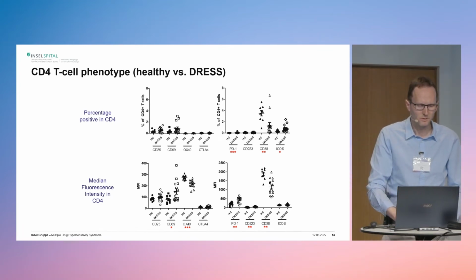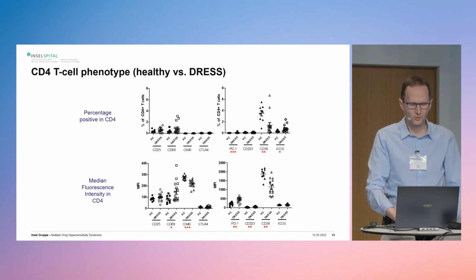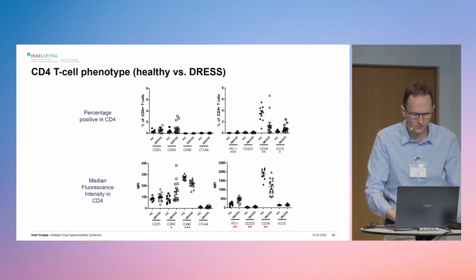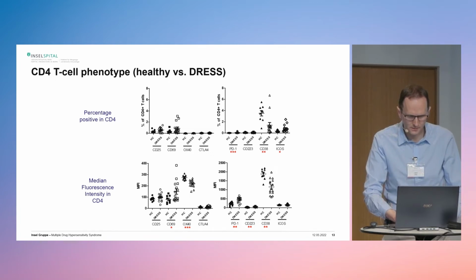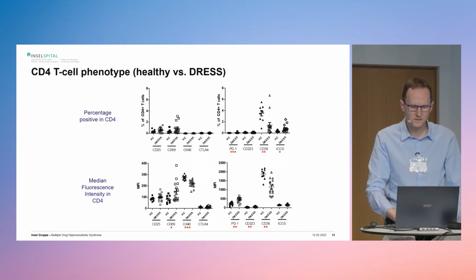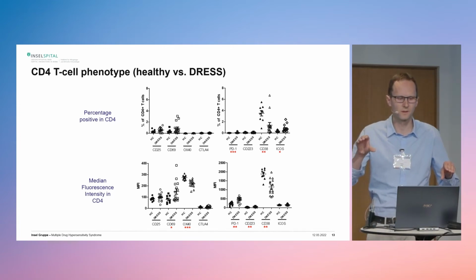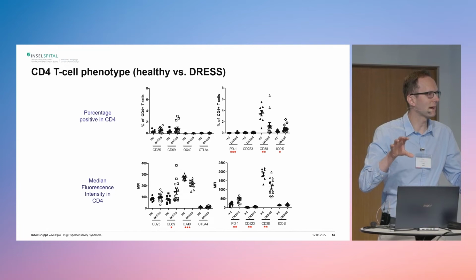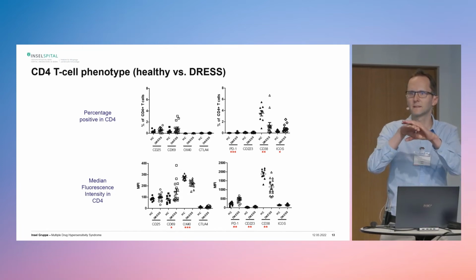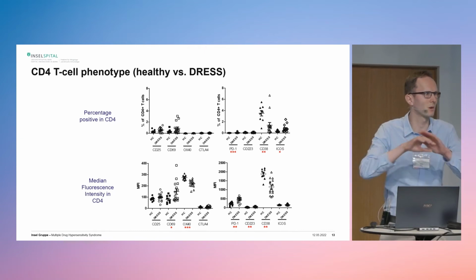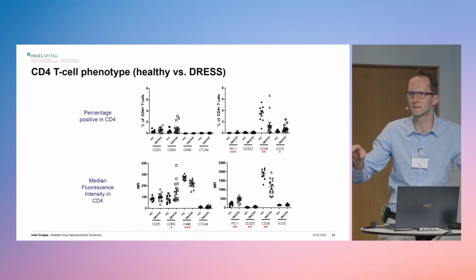What we found is that when you compare DRESS patients to healthy controls, certain markers, in part activation markers like CD38 or CD69, and also exhaustion factors like PD-1, are different in these 2 groups. We did not look at the acute stage. We did look at the resting stage, when the DRESS or any drug hypersensitivity reaction is gone.